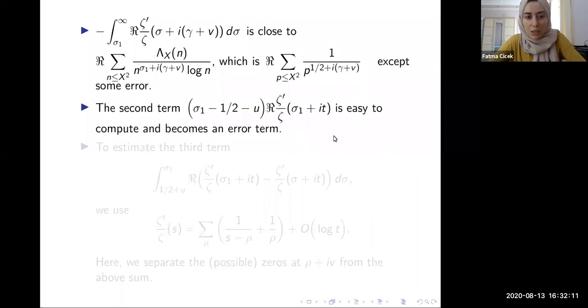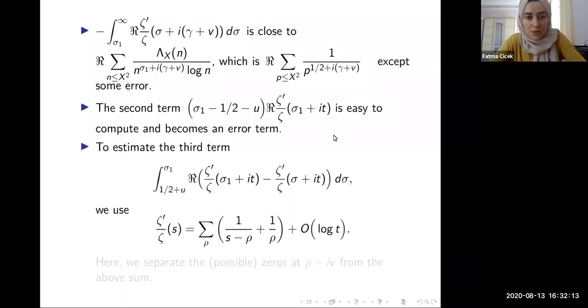The hardest one is when we deal with the integral from 1 over 2 plus u to sigma 1, because 1 over 2 plus u can be really close to 1 over 2. So there we use this sum over non-trivial zeros.